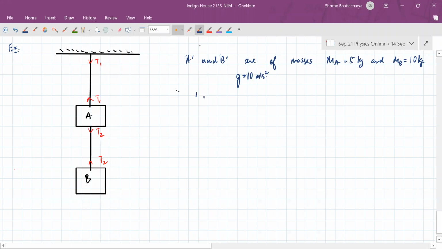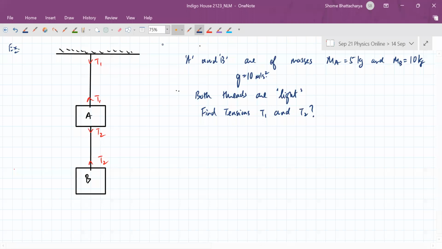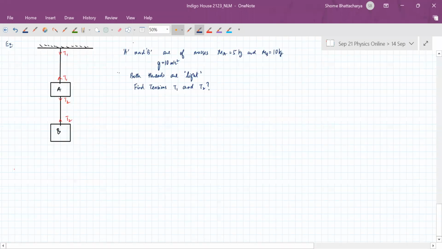Both threads are massless, basically very light. So find tensions T1 and T2. Okay. Very straightforward question. People just try this out quickly and send me the answers.